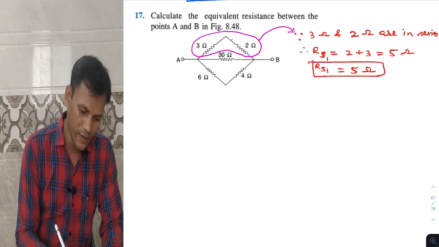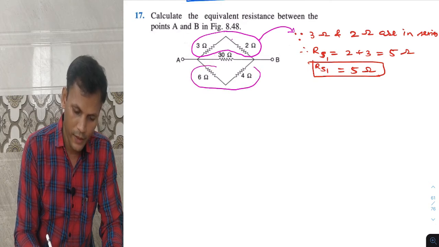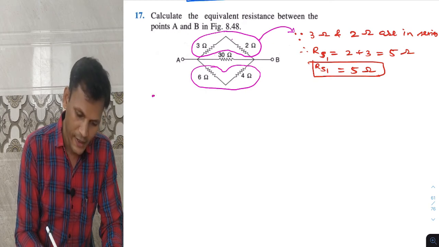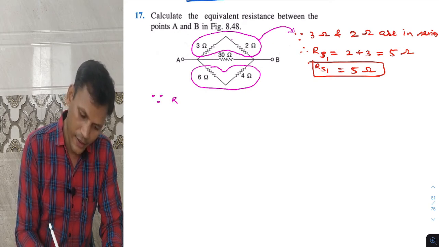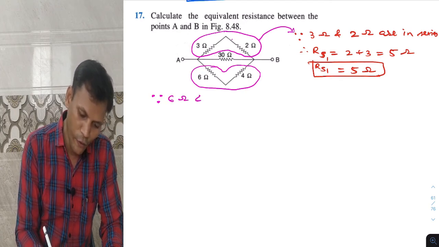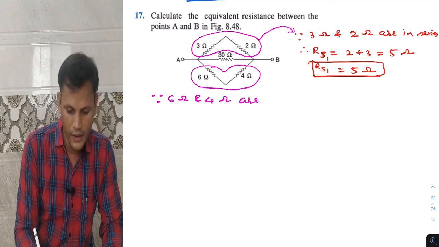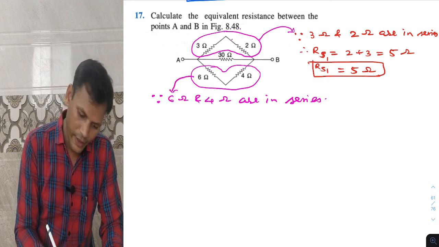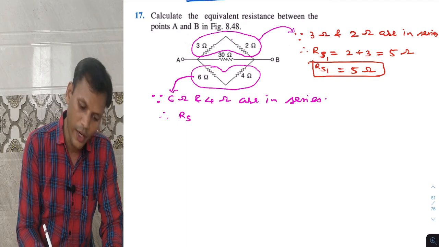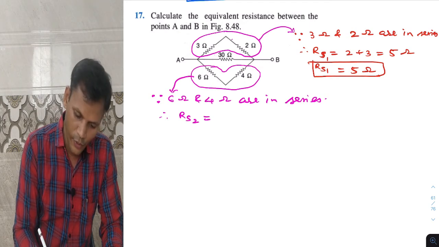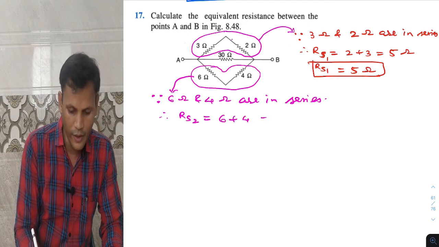Next, in the same way we can solve this part. Since 6 ohm and 4 ohm are in series, now I am talking about this part, therefore RS2 will be 6 plus 4, which is 10 ohm.